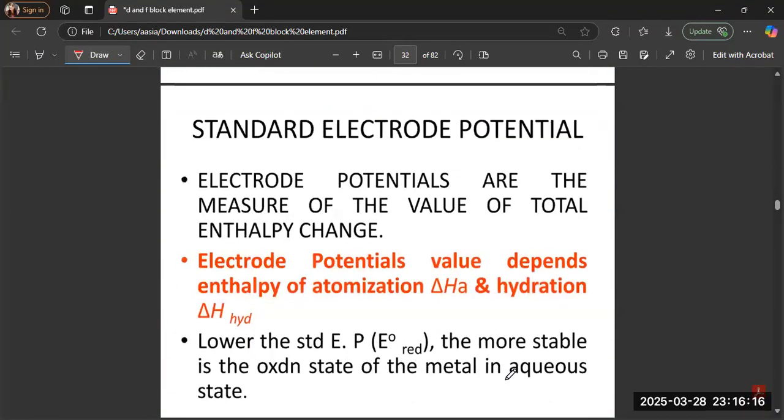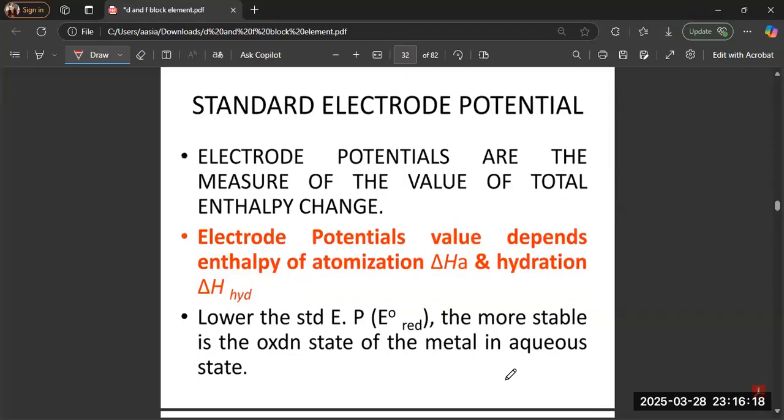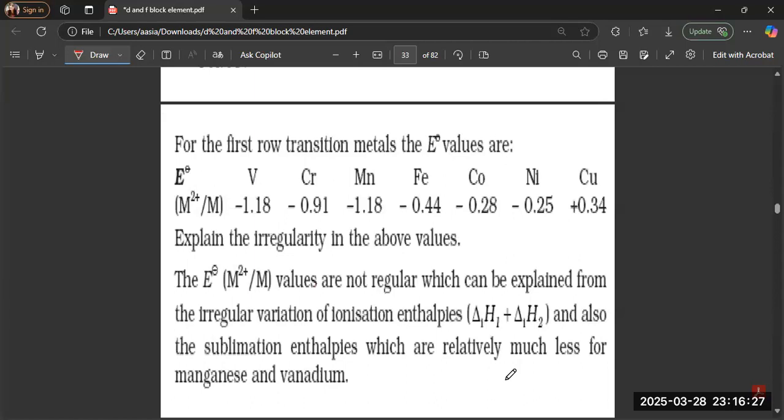Now see the standard electrode potential. For the first row transition metals, the standard electrode potential values are these. Like for vanadium it is -1.18, chromium it is -0.91, manganese it is -1.18, and so on.